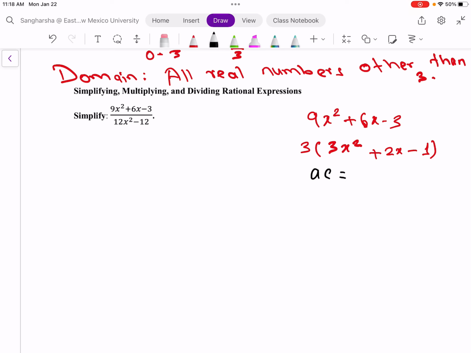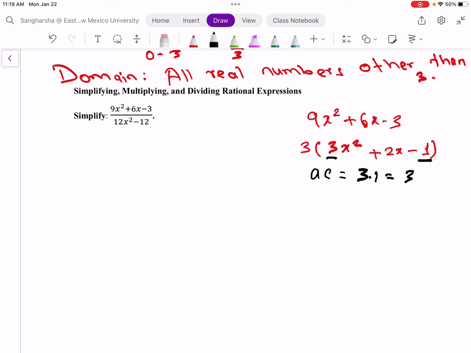A is not the first term, A is the number in front of the square term. So your A is 3 and C is negative 1. That's right. So A times C is 3 times negative 1, which is negative 3. When you are doing the AC method, you can ignore the sign. So let me take 3 times 1, which is 3.